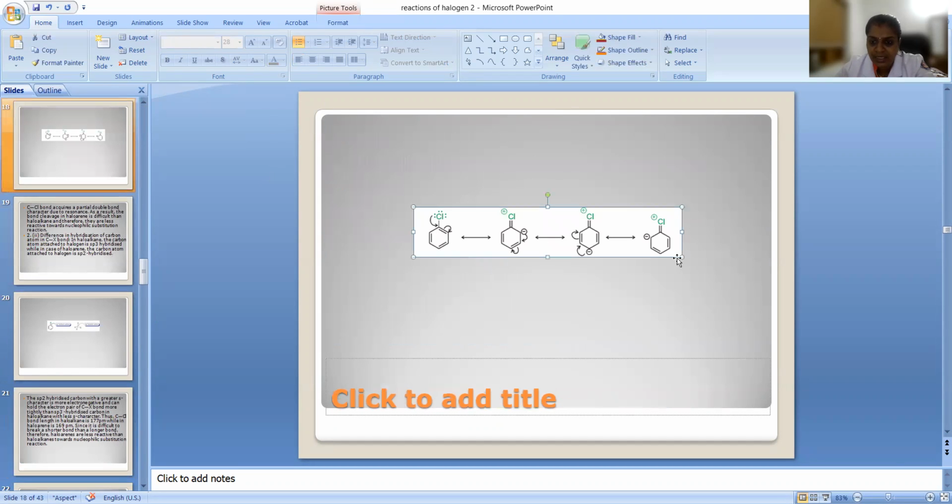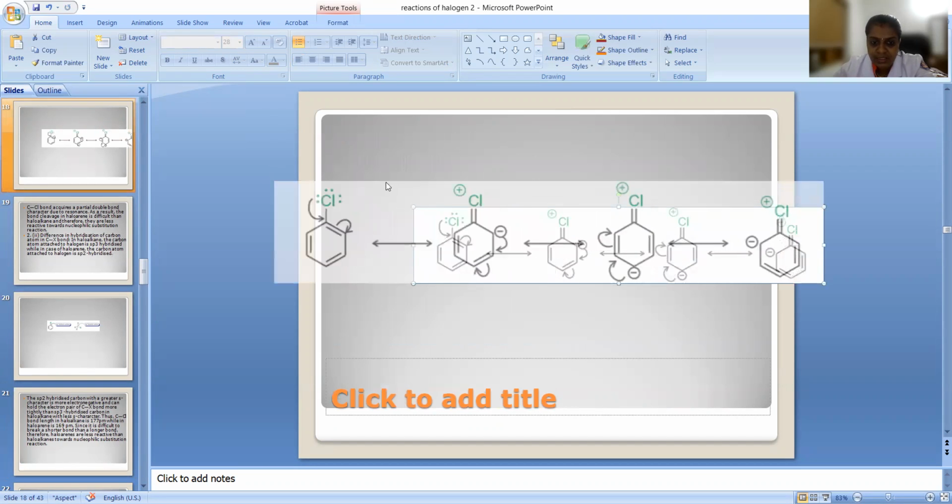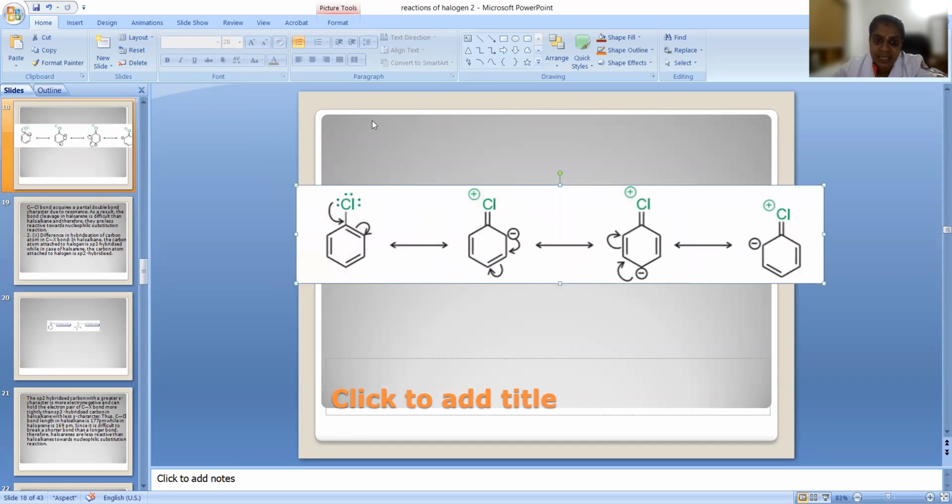So look at this figure here. We can see how it is undergoing resonance. Look, the chlorine atom is having a lone pair of electrons. This lone pair of electrons will be shifting to this C-Cl bond, and immediately this bond will be shifting. Last year we have learned this mesomeric effect. So this is what is happening.